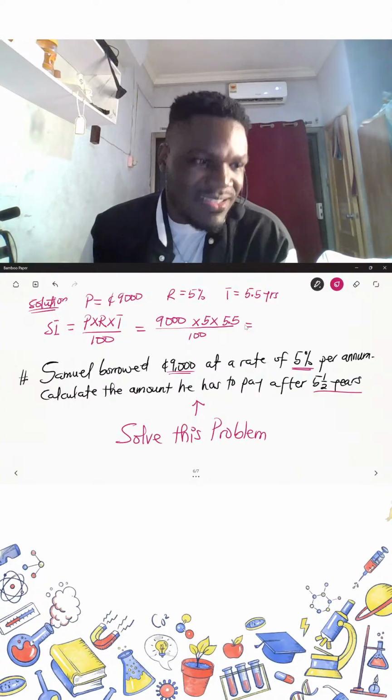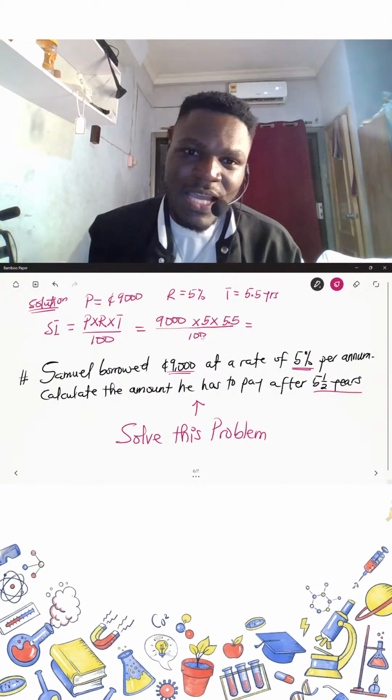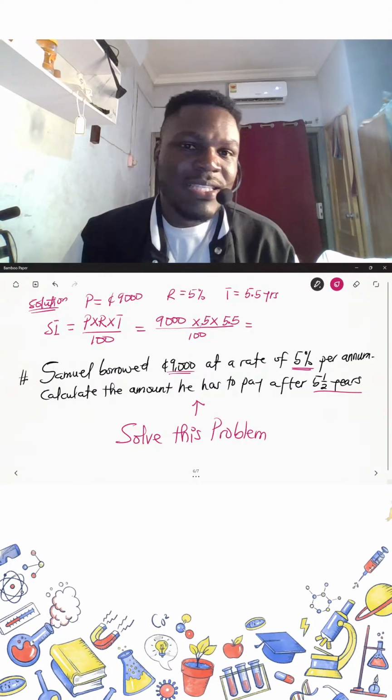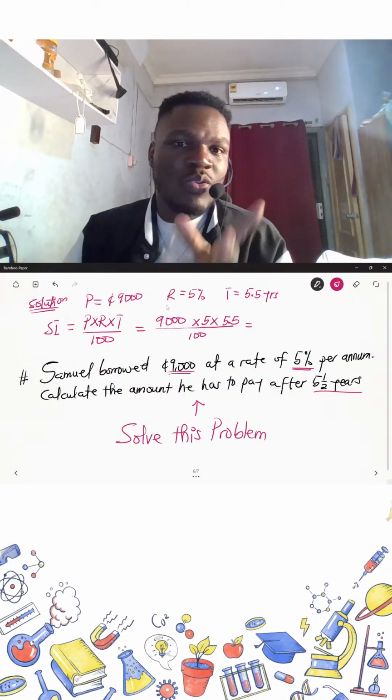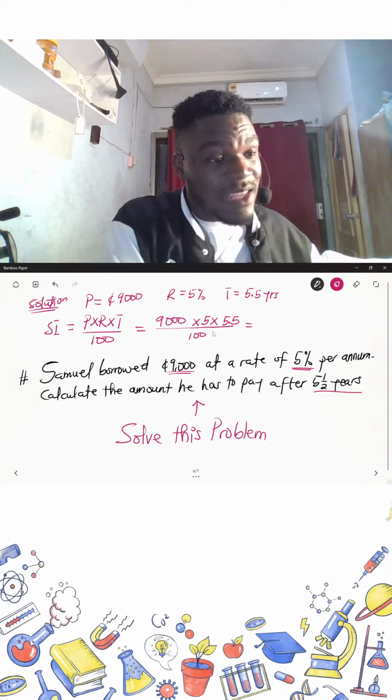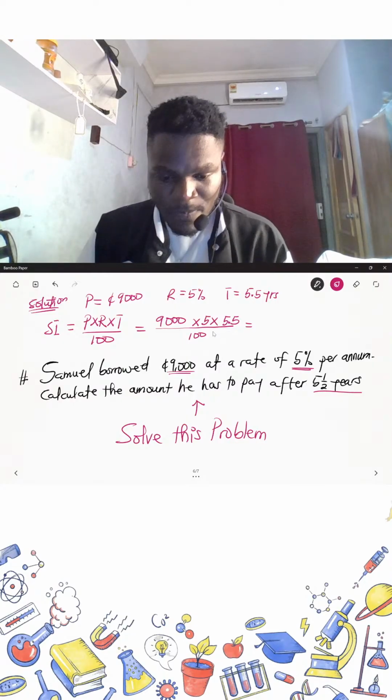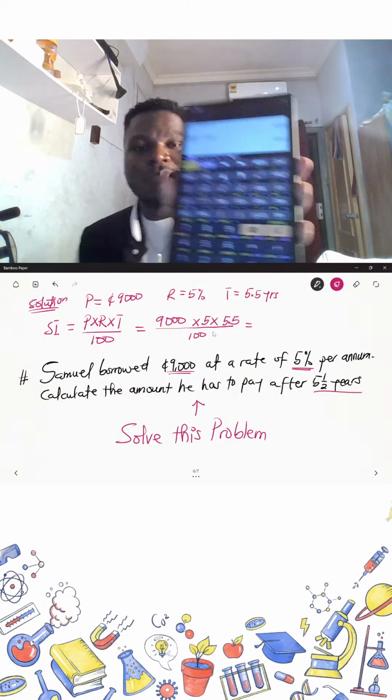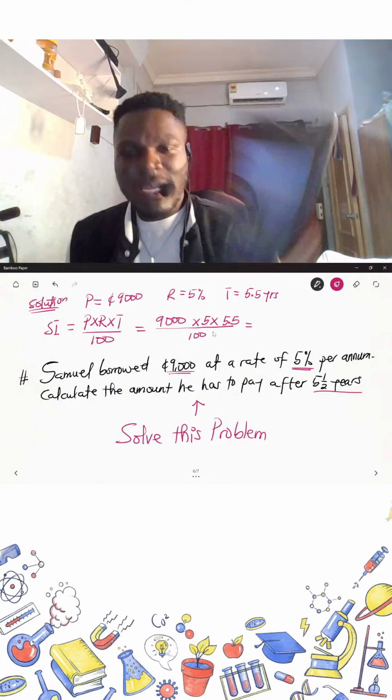Or you can cancel out. You can say the 100 goes into 90,000 90 times, and then you use the 90 to multiply the 5 and then the 5.5. But if that will confuse you, just take your calculator. I have mine on my tablet, so I'm using mine.